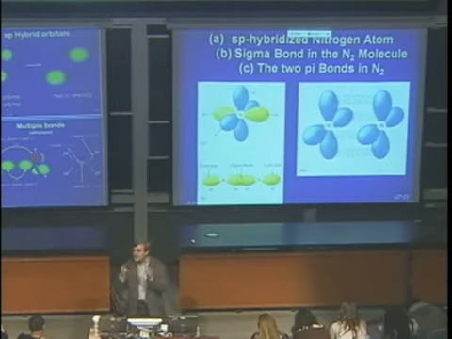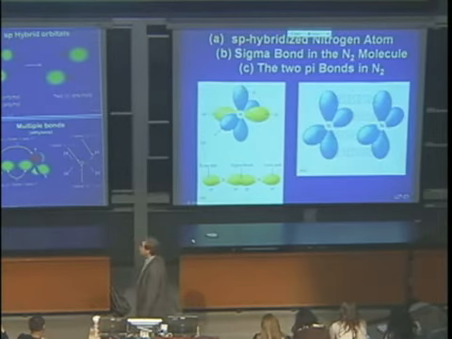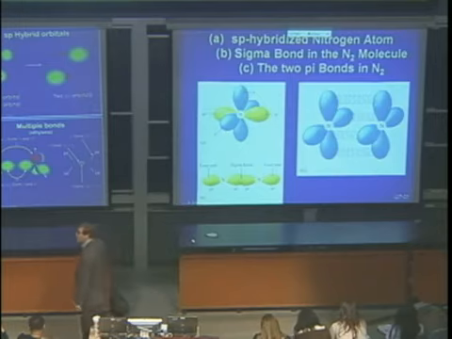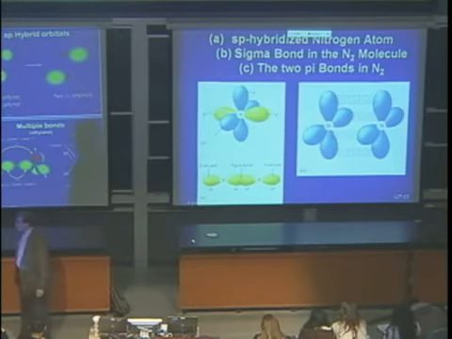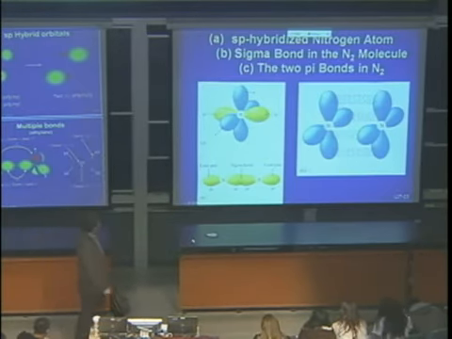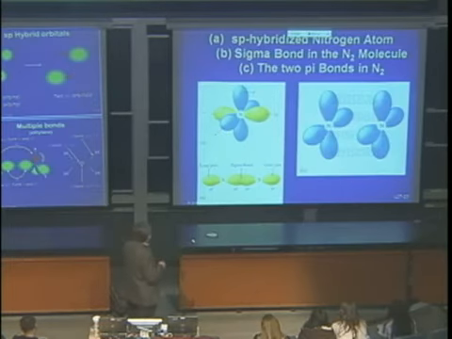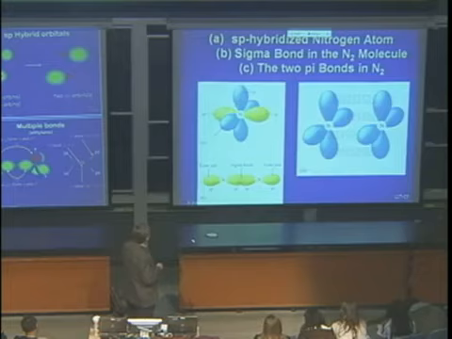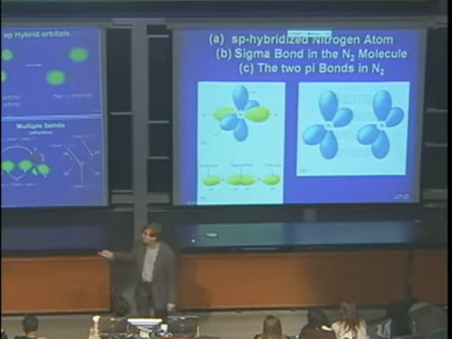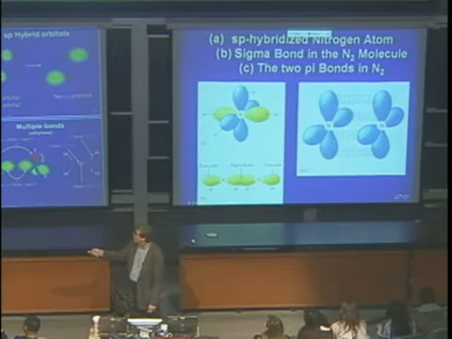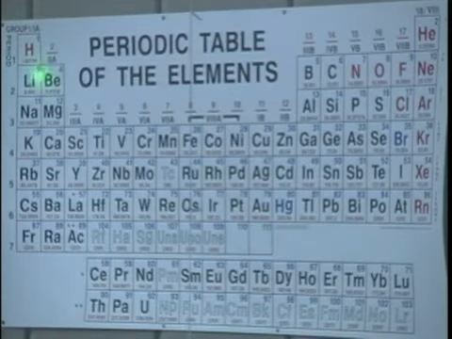So let's look again at nitrogen. We know nitrogen has a triple bond, but nitrogen itself has a free electron pair, isn't that right? So how would we do that? We need to bind the nitrogen here together. So we do an sp hybridization, the 2s here, and we hybridize this with 1 p.